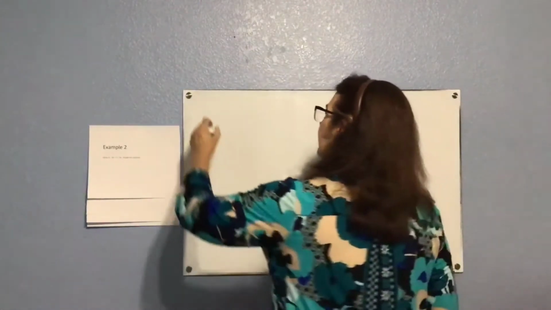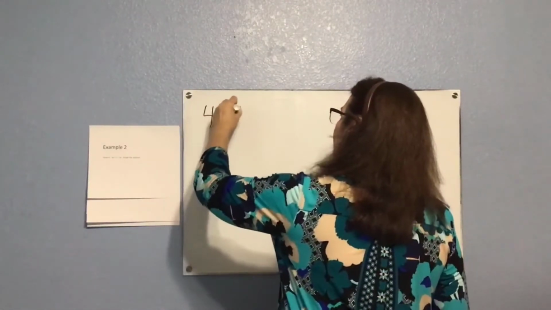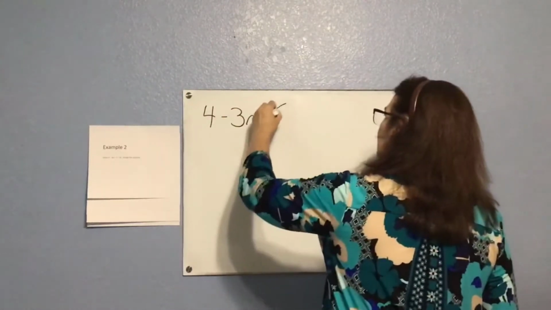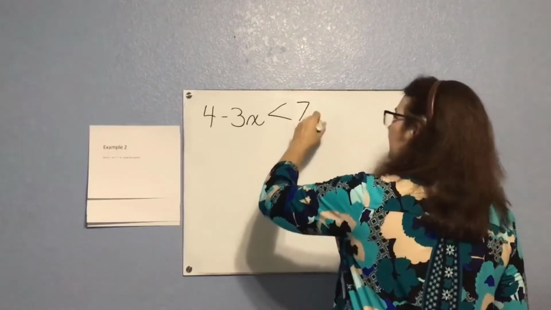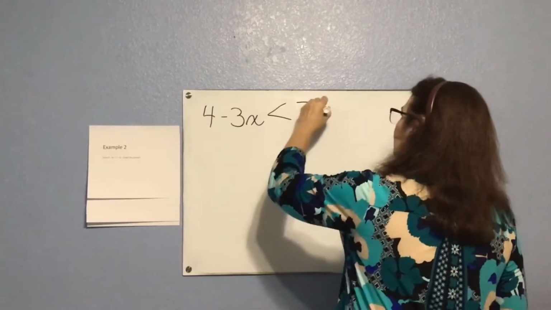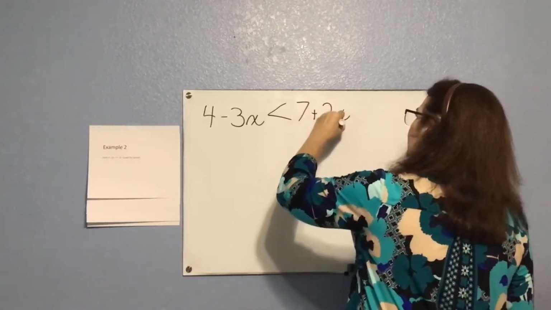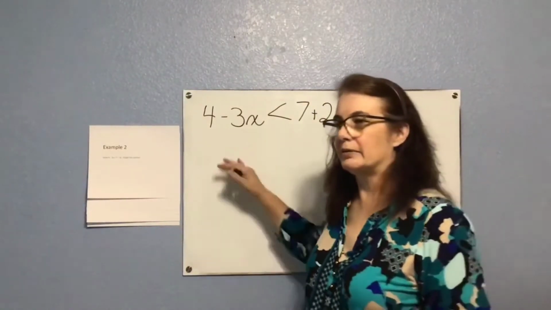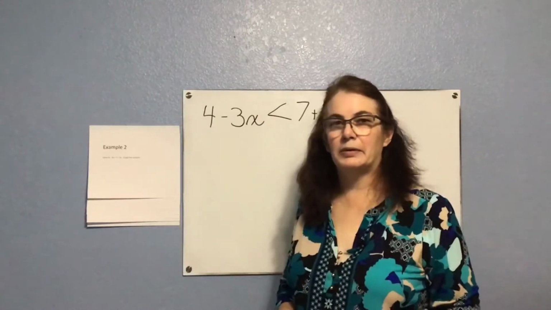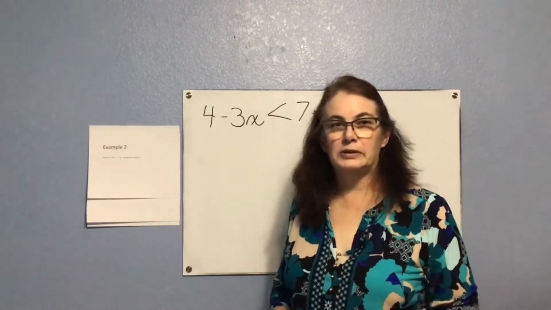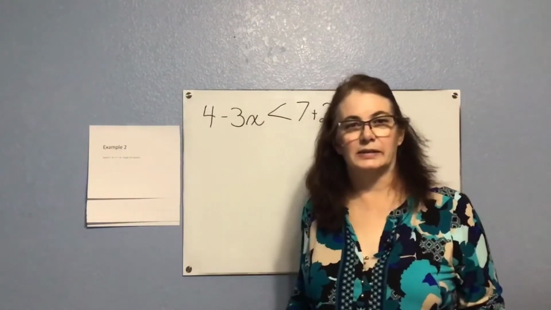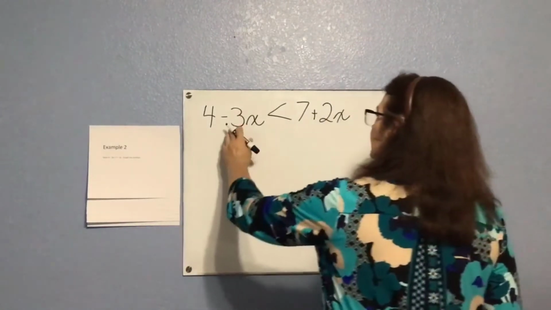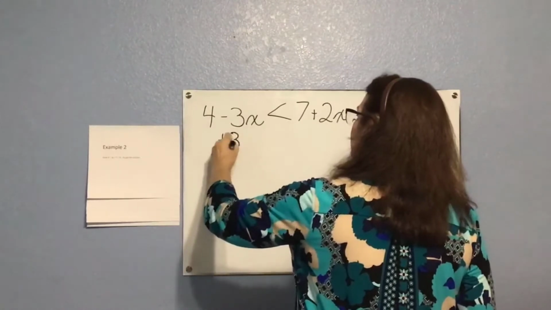So we start with 4 minus 3x is less than 7 plus 2x. Okay, and I like to remember the first step by remembering the country music song, All My Exes Live in Texas. So I'm going to get all my x's together.